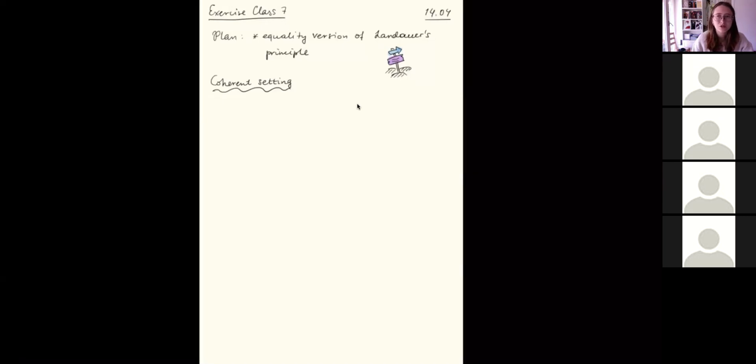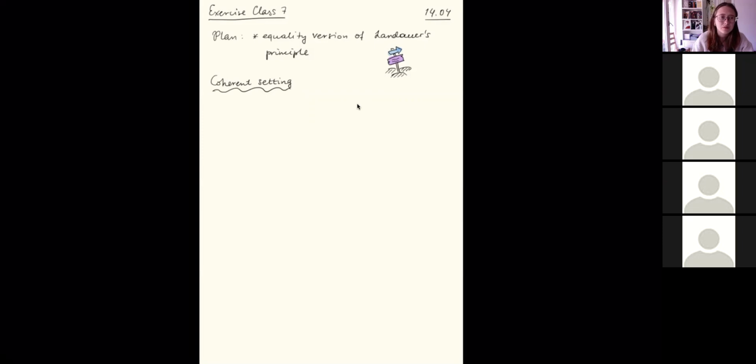And we're going to look at two settings. The first setting we call a coherent setting, and we will look at the following global system, which will consist of two parts.